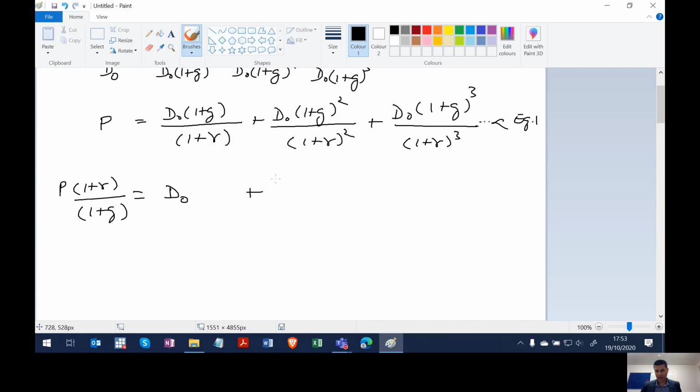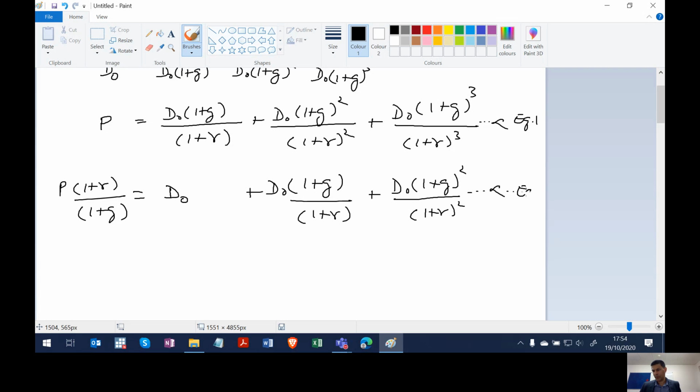And in this term, if we multiply by 1 plus R by 1 plus G, what remains is D0 times 1 plus G by 1 plus R. And similarly, instead of this power 3, this will become to the power 2. And so on until infinity. So let's call this equation 2.